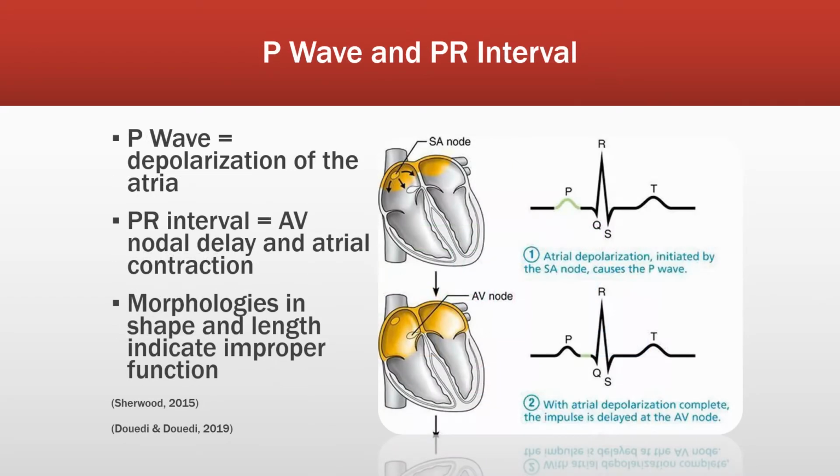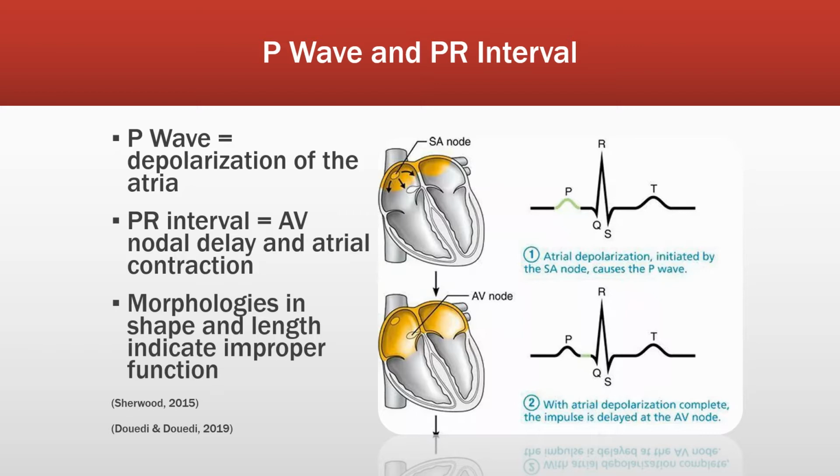Just like the blood that is entering the heart, we will begin with the atria. To interpret the electrical functionality of the atria, we must look at the P wave and the PR interval. The P wave represents the depolarization of the cardiomyocytes of the right and left atrium.